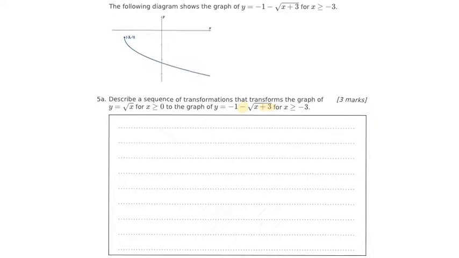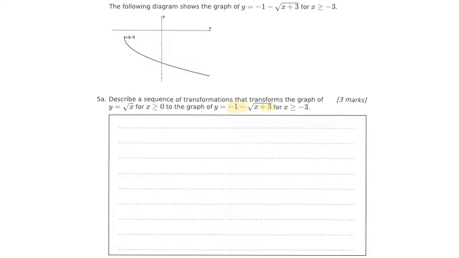Well, that translates the graph to the left by 3 squares. And the last transformation is what does the minus 1 do? Well, that is a translation up and down, and because it is negative 1, it goes down 1 space.